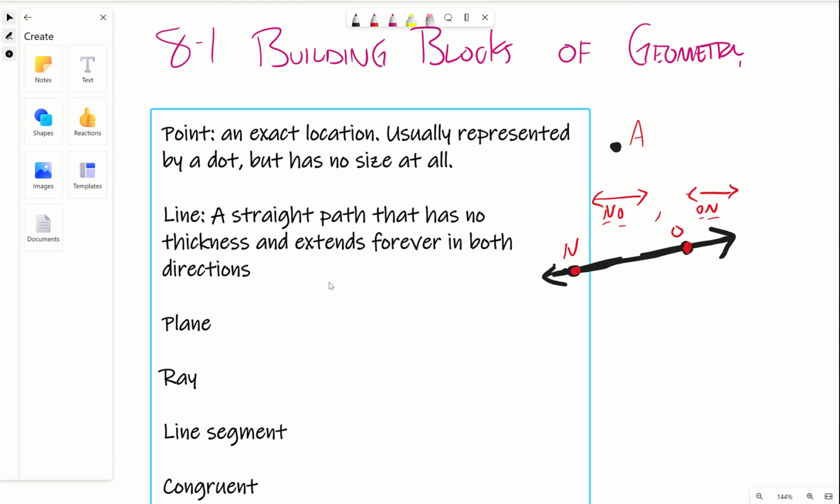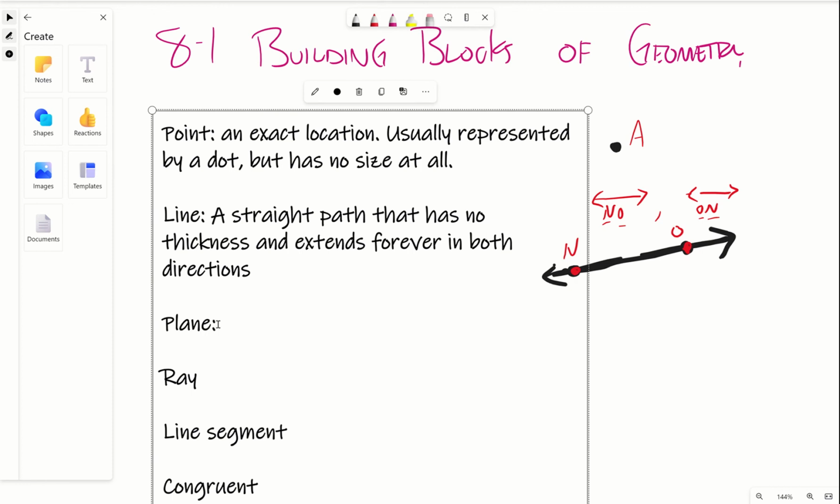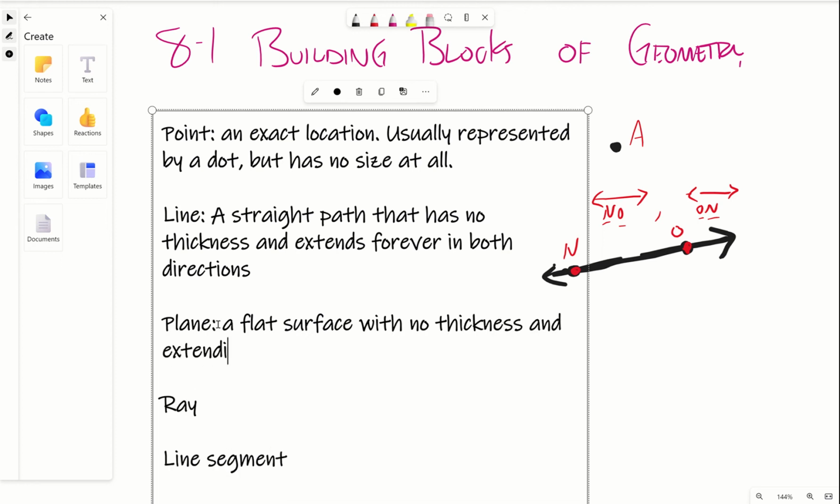All right, a plane. Not an airplane, but a plane is a flat surface with no thickness and extending forever in all directions. So, this whiteboard is a plane.